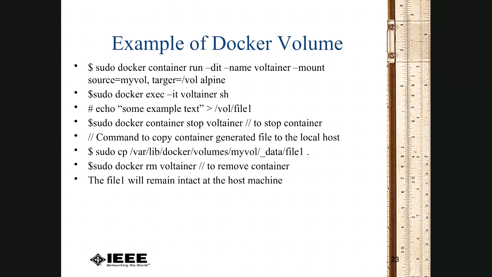Whatever information is written in /vol in the image will be copied automatically to myval, which you created by the docker volume command. If you want to copy anything, you can copy into the folder. I'm just giving you the ideas here, and then you can proceed further yourself.